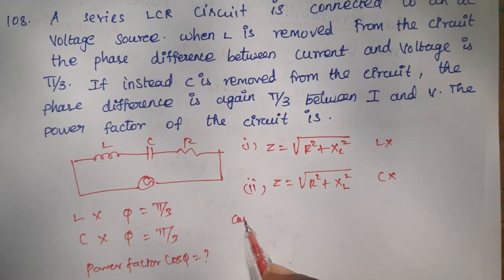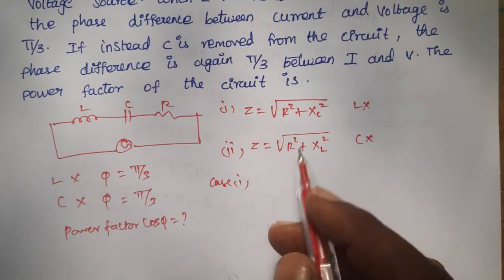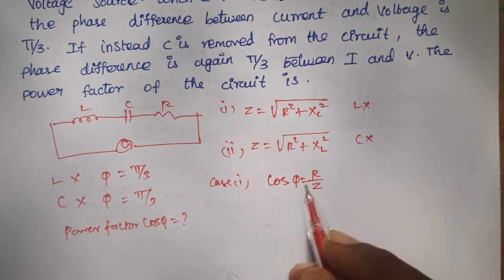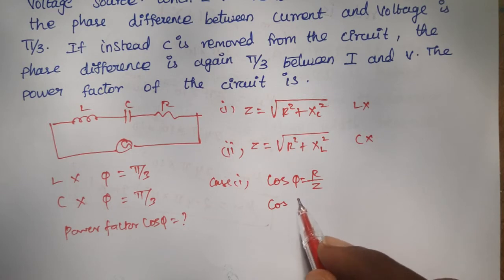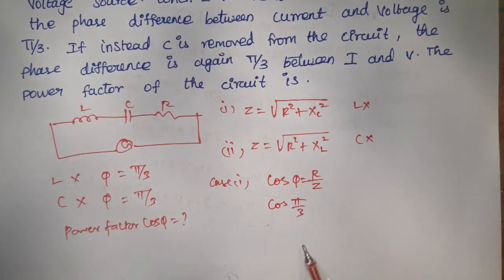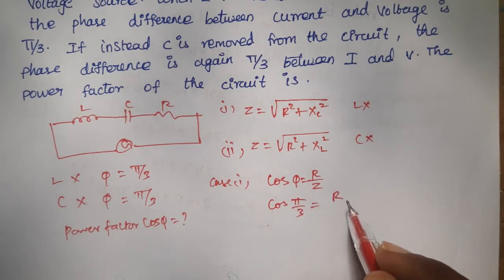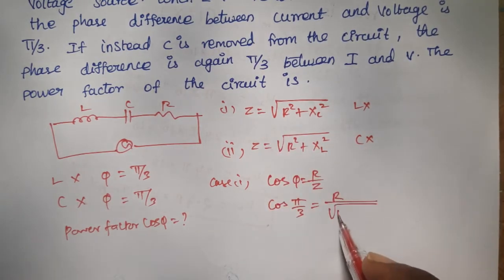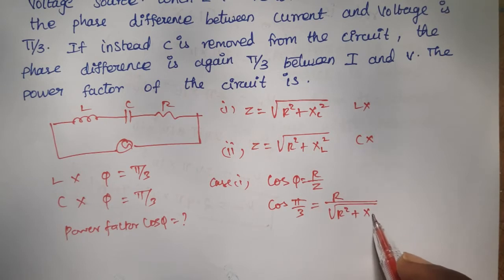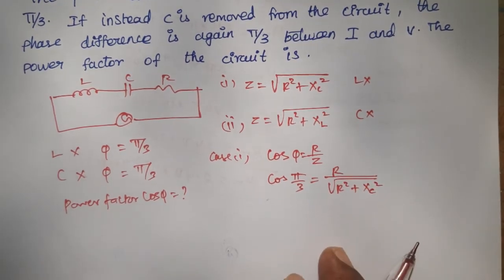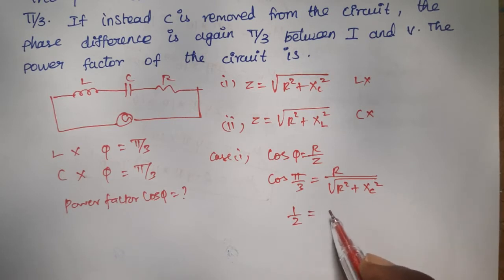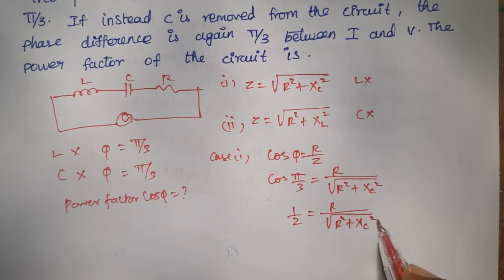For the first case, power factor cos phi is equal to R by Z, where phi is pi by 3, the phase difference. R value is not given. Z value for the first case is root of R square plus XC whole square. Cos pi by 3 value is 1 by 2, which is equal to R by root of R square plus XC whole square.